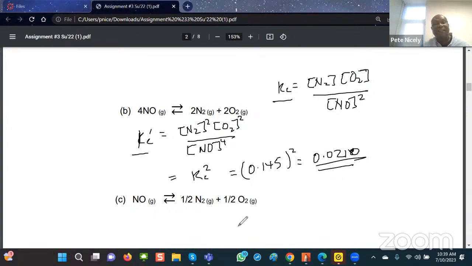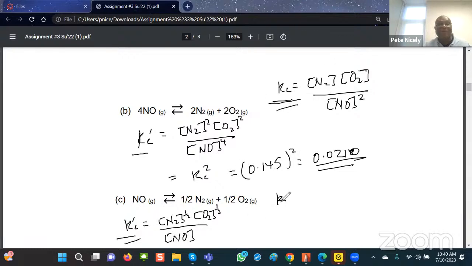All right. Now for this equation, let me write the Kc prime expression there. Kc prime would be equal to the concentration of N2 raised to the half times the concentration of O2 raised to the half divided by the concentration of NO. So this is Kc prime, this is Kc. Based on those two, what's the relationship between Kc and Kc prime?